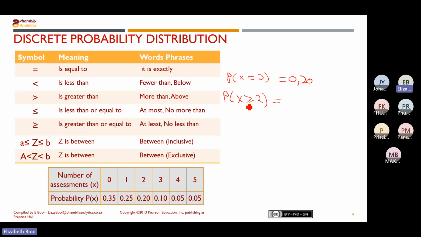So that will mean that we're going to calculate all the values from 2 up to where the table ends. So we're going to add 0.2 plus 0.10 plus 0.05 plus 0.05.